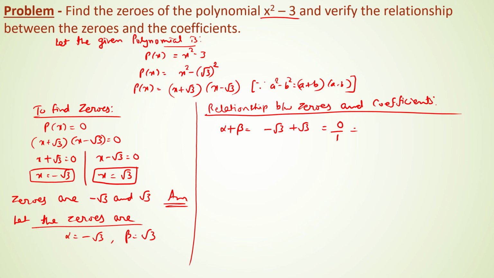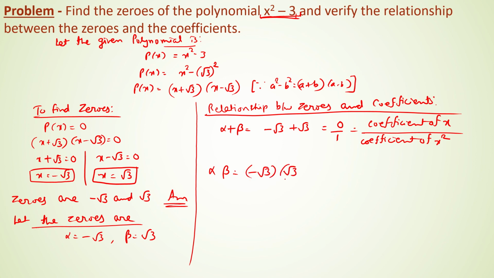See in the polynomial carefully that the term of x is absent. That means the coefficient of x in the polynomial is 0. So we can write it as coefficient of x upon coefficient of x square. Now the product of zeros, that means alpha into beta, will be minus root 3 into root 3.